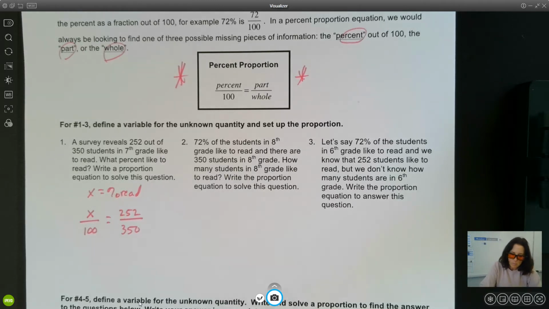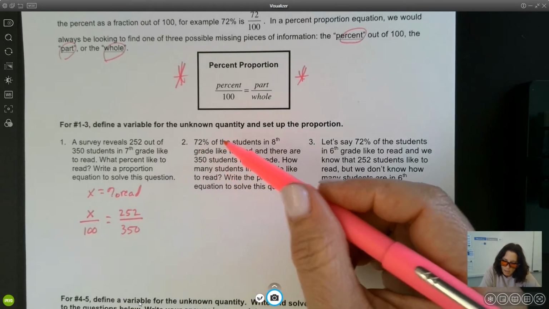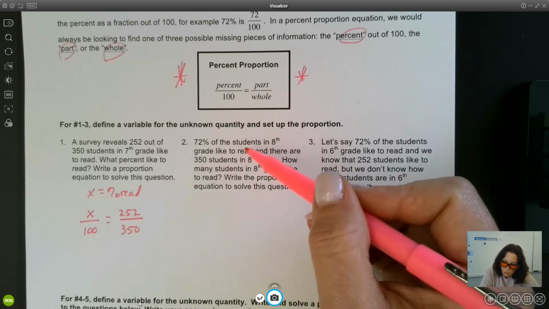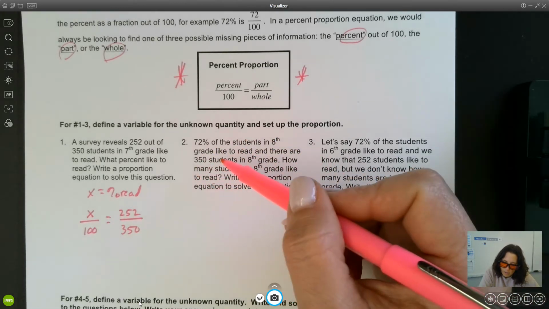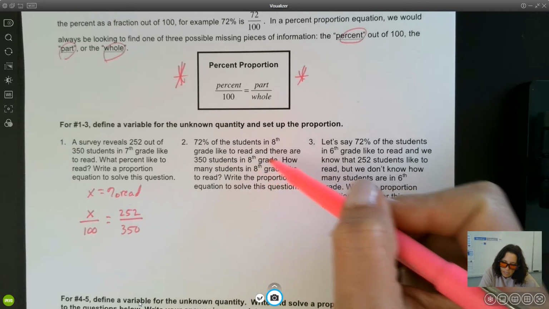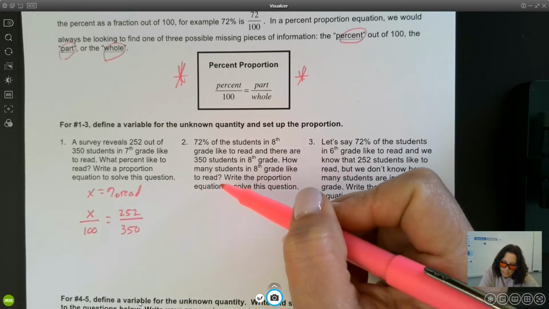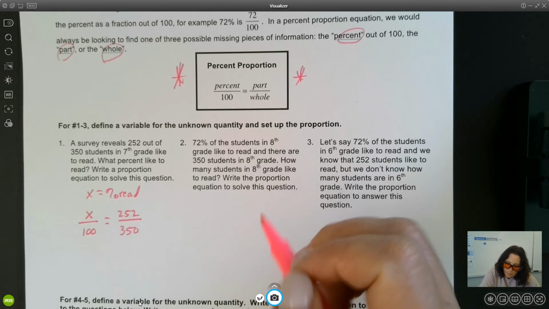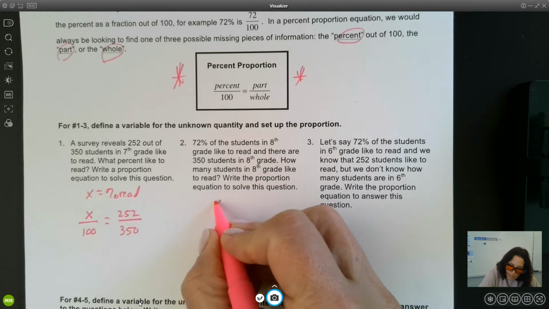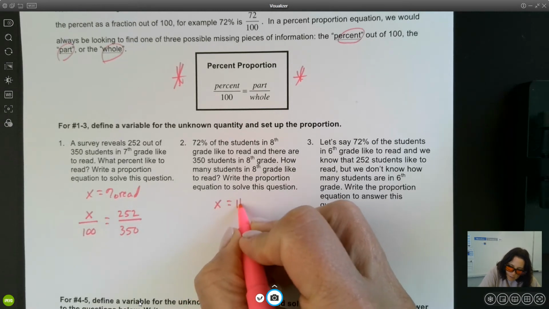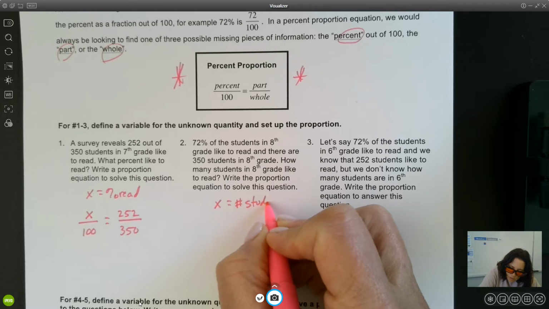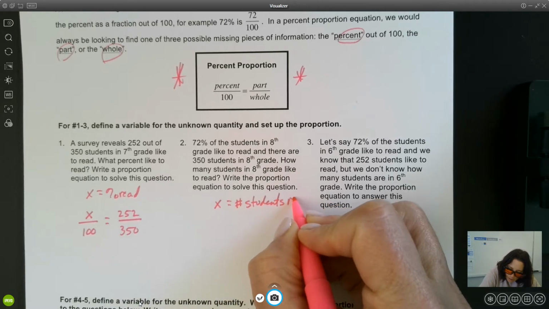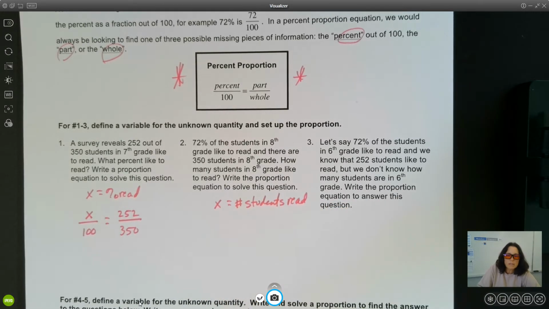Okay. Number 2, 72% of the students in 8th grade like to read, and there are 350 students in 8th grade. How many students in 8th grade like to read? Okay, so X this time is the number of students who read.